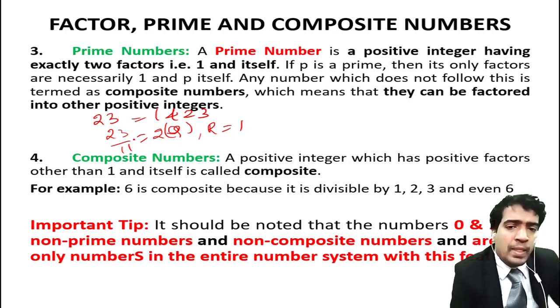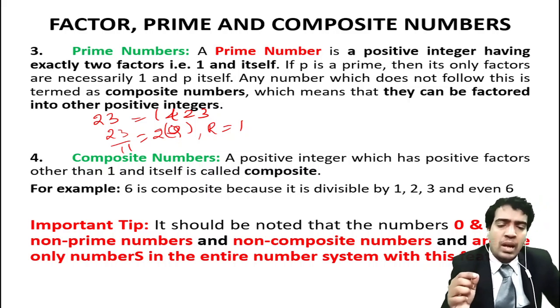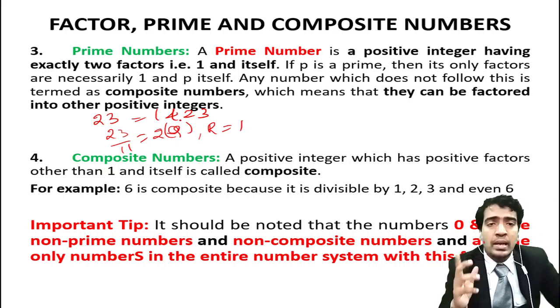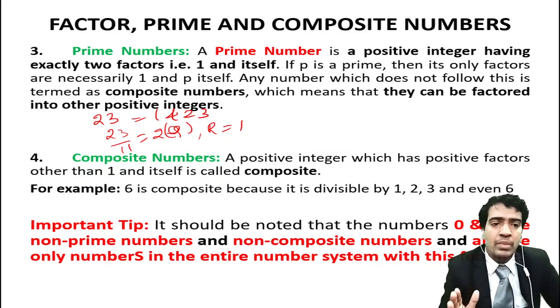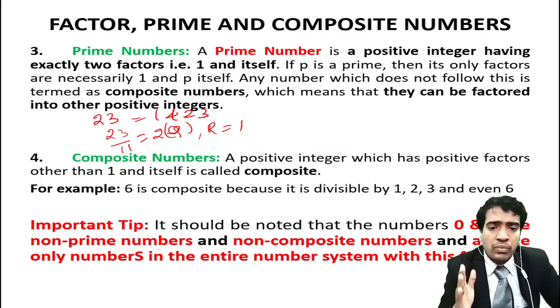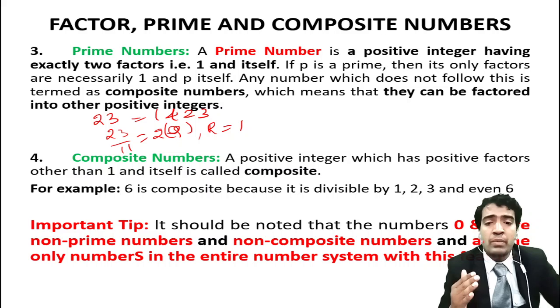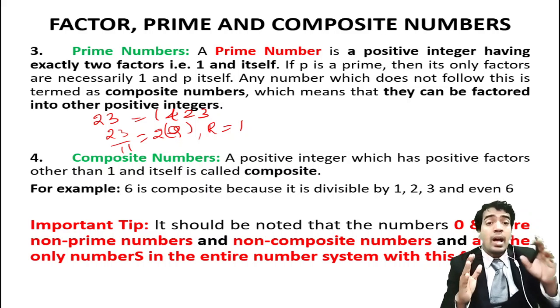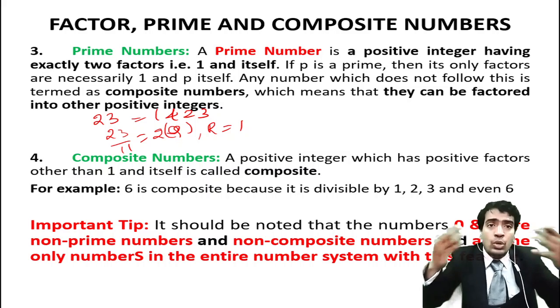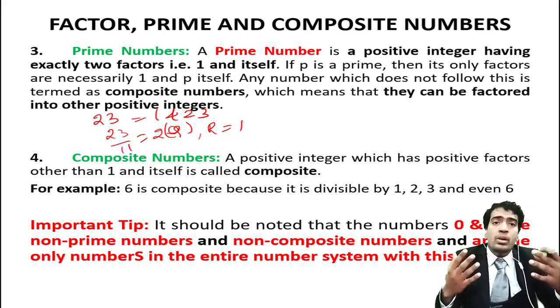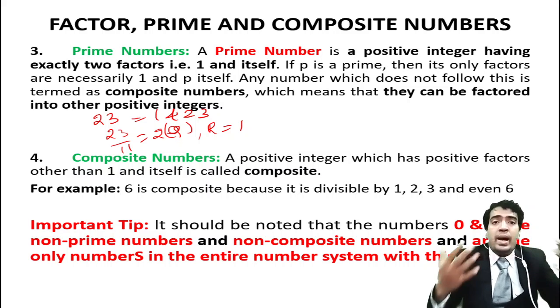So when a given number has only 1 and itself as the factors, you would call them prime numbers. Any number that does not follow this rule is called a composite number, which means they can be factored into other positive integers; in addition to 1 and itself, you will have other factors.